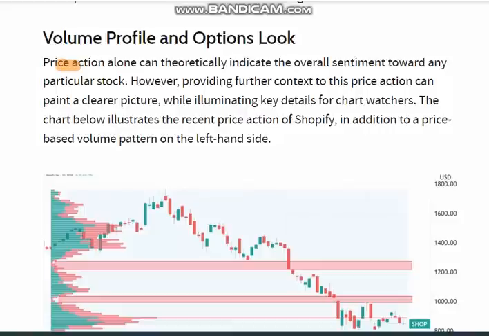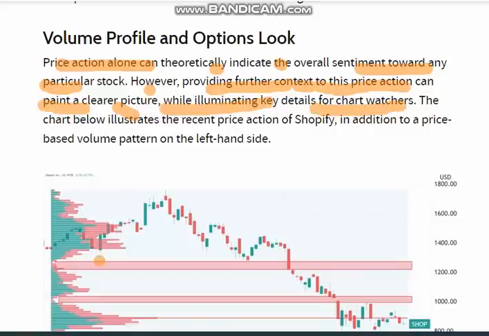So price action alone can theoretically indicate the overall sentiment toward any particular stock. However, providing further context to this price action can paint a clearer picture while illuminating key details for the chart watchers.